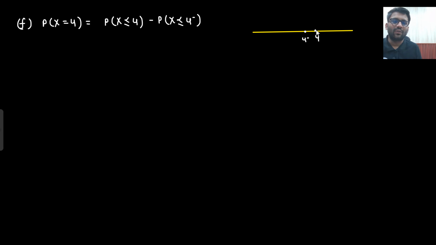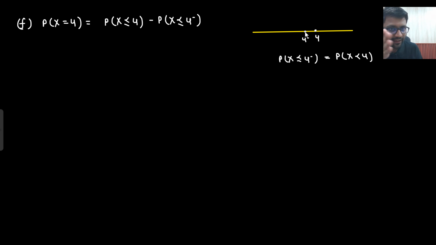X less than equals to 4 means including the 4, everything. And what is the meaning of x less than equals to 4 minus? Excluding the 4, everything. Basically, probability of x less than equals to 4 minus is equal to probability of x less than 4. Do you agree to this point?